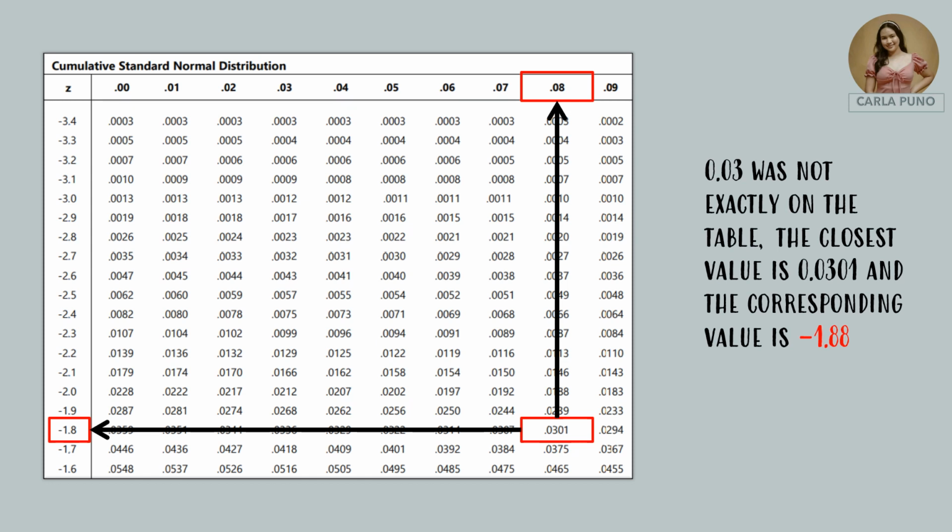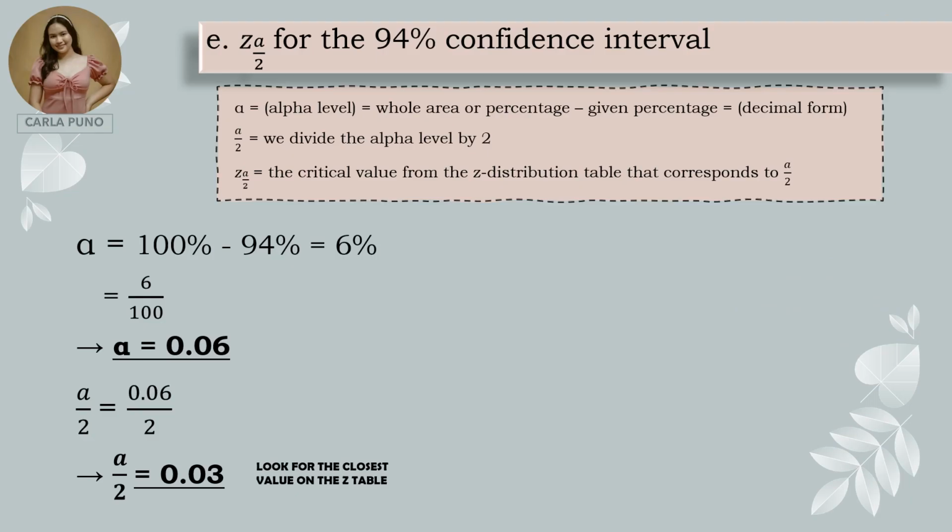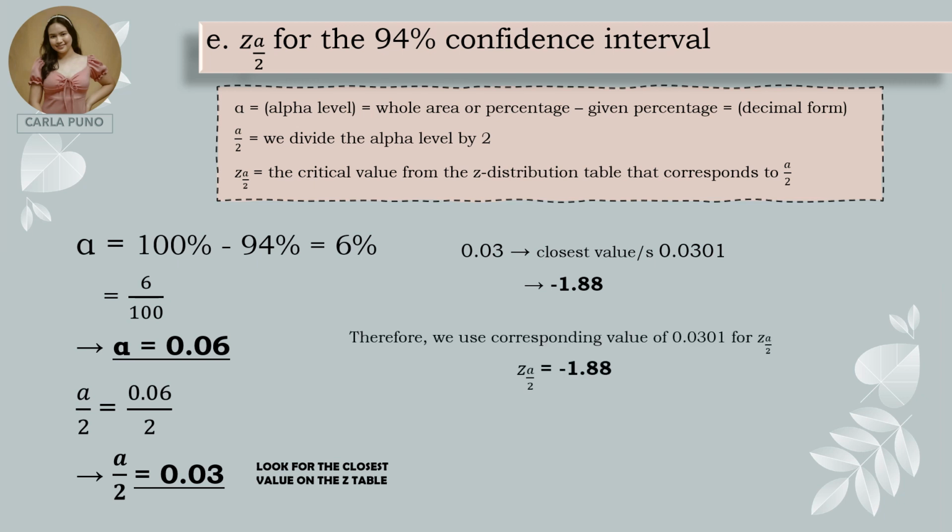0.03 was not exactly on the table, but the closest value is 0.0301, and the corresponding value is negative 1.88. Back on our problem, we have 0.03, and based on our table, the closest value is 0.0301 and its corresponding value is negative 1.88.